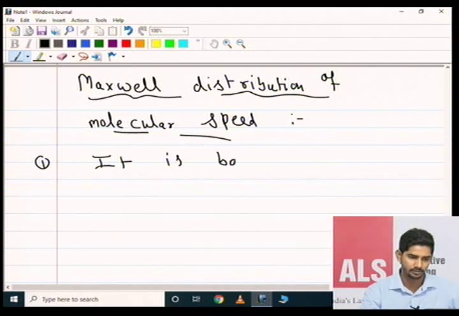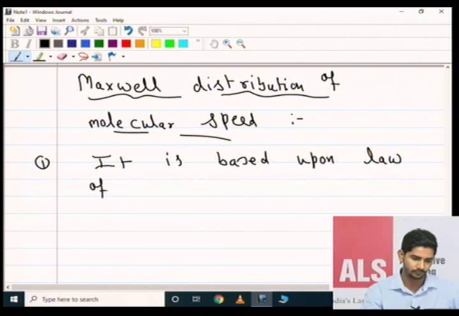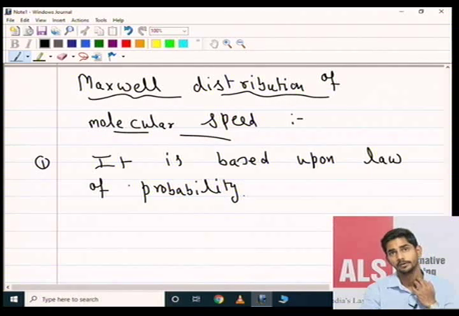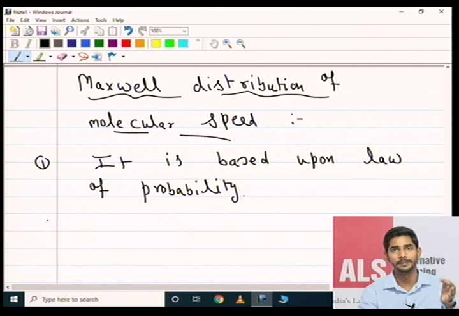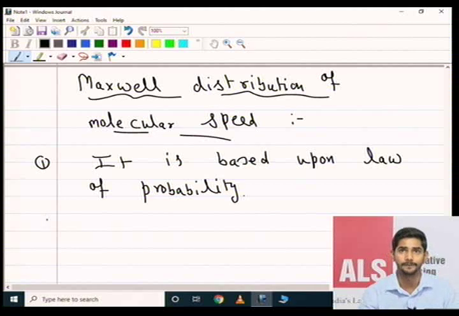It is based upon the law of probability. We need not learn the law of probability. I'm sure that everyone knows what probability is. So we need only that knowledge. Means, the chances of getting something is the probability.